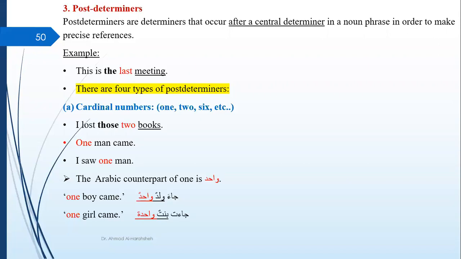But in Arabic, we say رجل واحد, امرأة واحدة, تأنيث. جاء ولد واحد. لاحظ here واحد agrees in gender with ولد. جاءت بنت واحدة. هنا واحدة تأنيث agrees with gender, which is بنت.